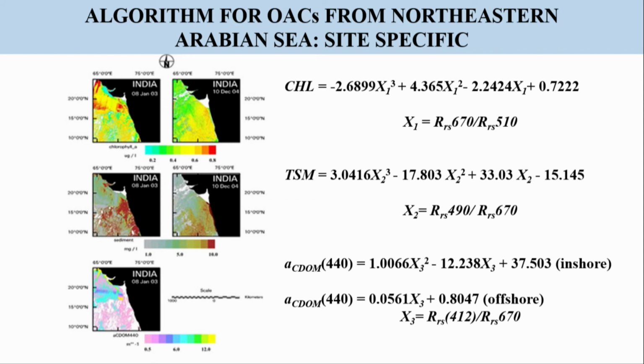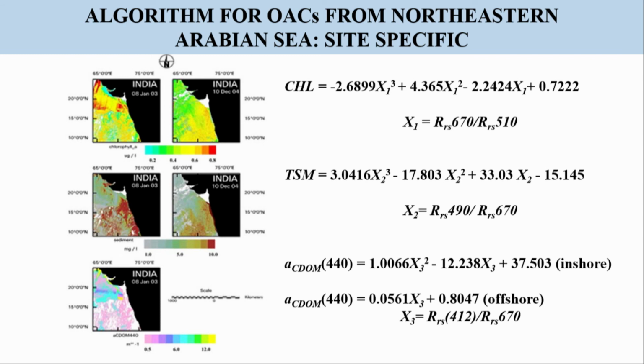For TSM we have used 490 and 670 nm, similar to chlorophyll, this is also a third degree polynomial, while in the case of CDOM we could find that there is a large spatial heterogeneity. In case of inshore water, we have one equation, that is a second degree polynomial, while offshore we have a straight line, so there is a linear relation between this equation and the CDOM at 440. So this is the kind of complexity we have seen, and these are the site specific algorithms.